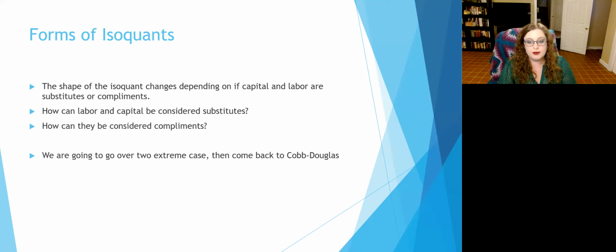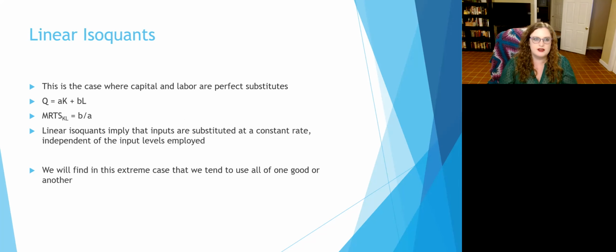If they're considered complements, I need to use them in tandem to be able to produce something, then that's the one that looks more like an L, and we have to have this set relationship of maybe one worker to one machine or one worker to two machines, but some sort of set relationship that has to be continued. So those are the two extreme cases, and Cobb-Douglas is more of that sloped one, right? The one that's not an L, it's not flat, it's a curve in between the two.